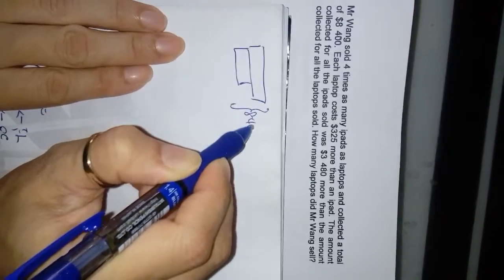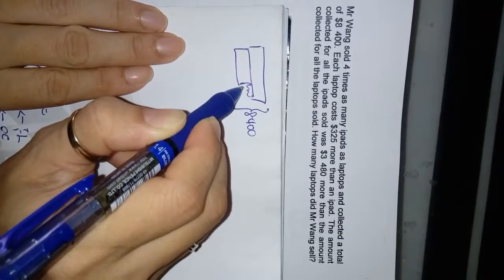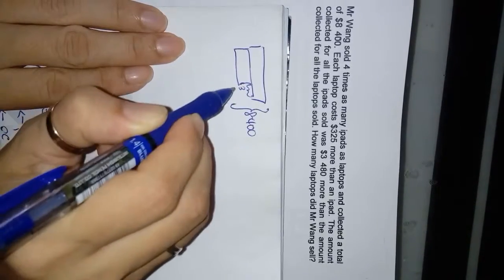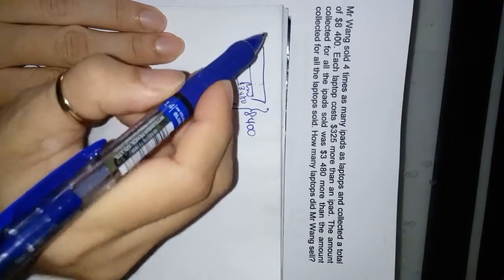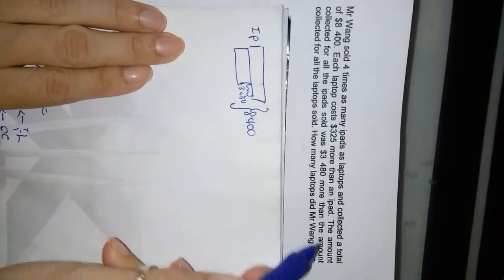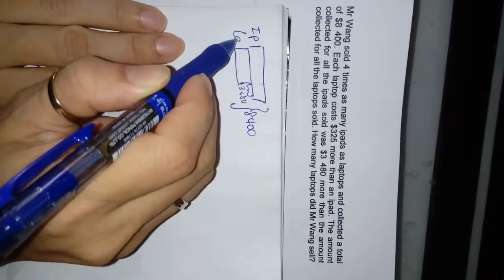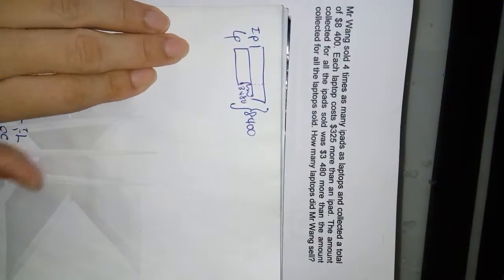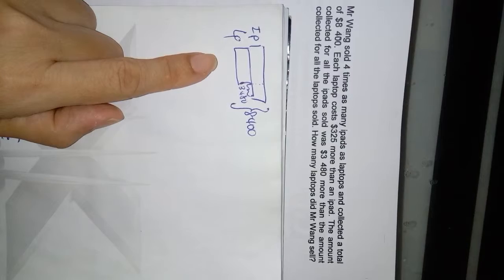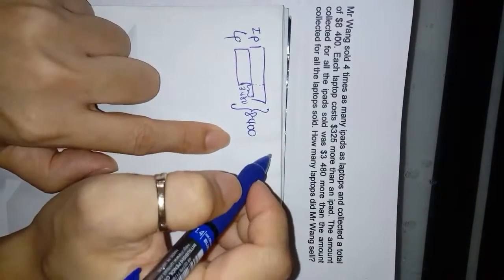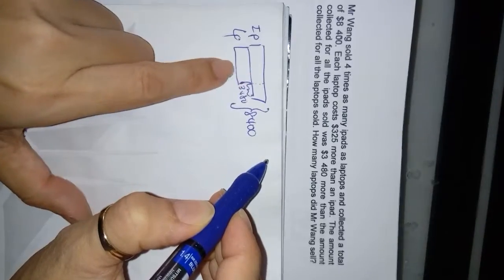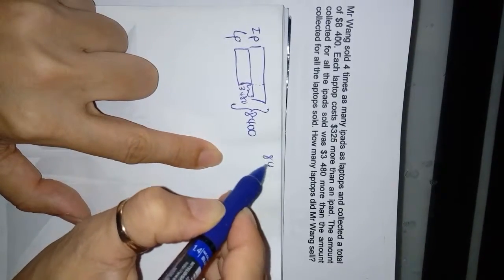You collected $8,400 and this is $3,480 more: iPad, laptop. Okay, laptop, iPad, more, right? So you have to find how much you collected for your laptop first.